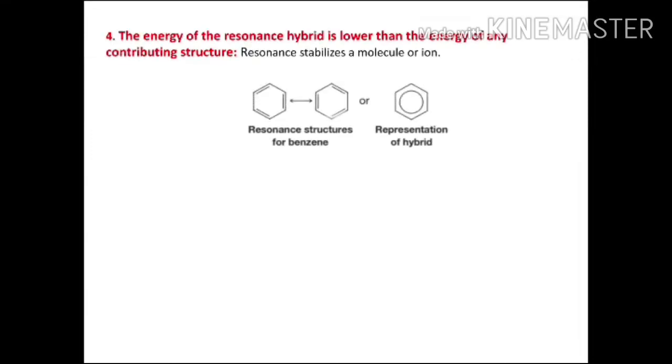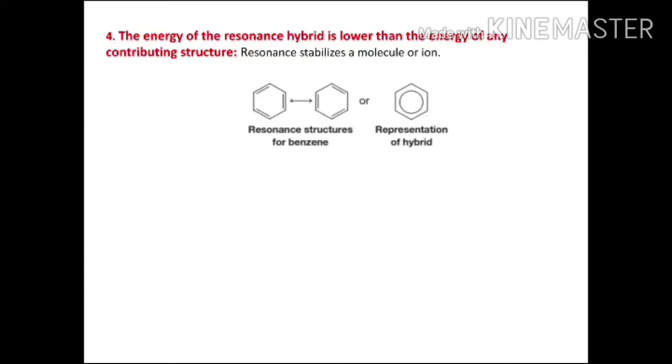The next rule is that the energy of a resonance hybrid is lower than the energy of the contributing structures. That means if you are drawing many resonance structures, you can have many canonical forms, and finally you get a highly stabilized structure called the resonance hybrid.